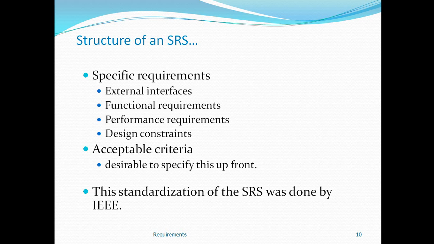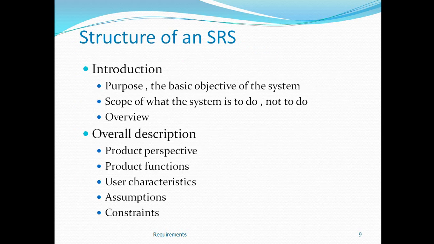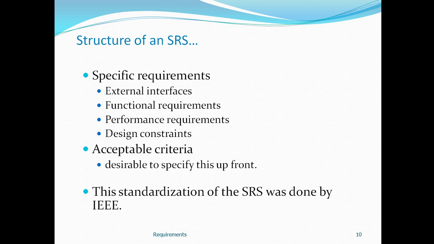So it includes external interface, functional requirement, performance requirement, design constraints. If he forgot what specification languages to use, he can include them in that phase, right. Acceptance criteria, desirable to specify up front.